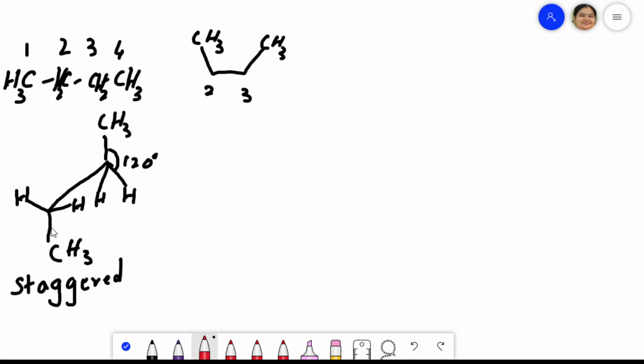Top will become bottom and bottom will become top, simply. So that's how you will get a structure like this.